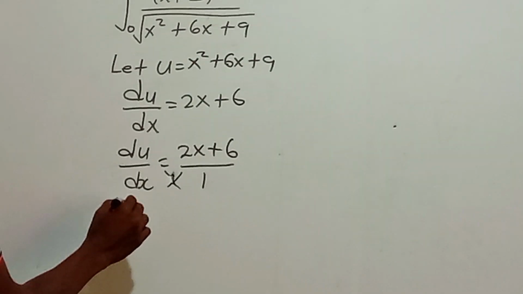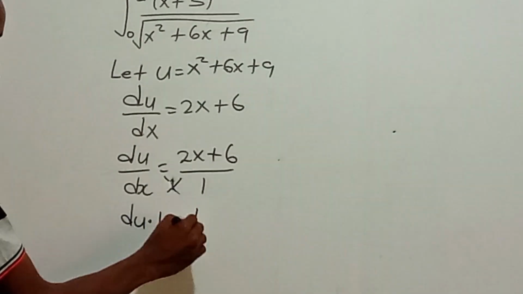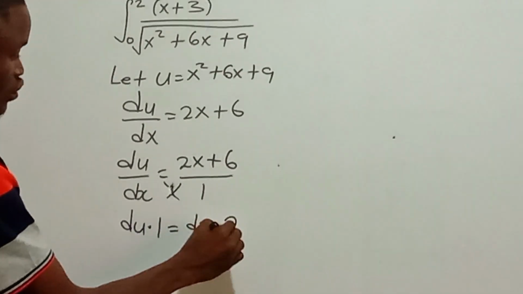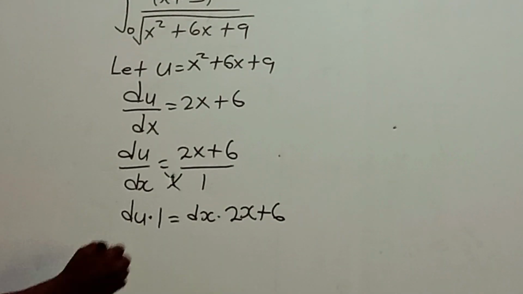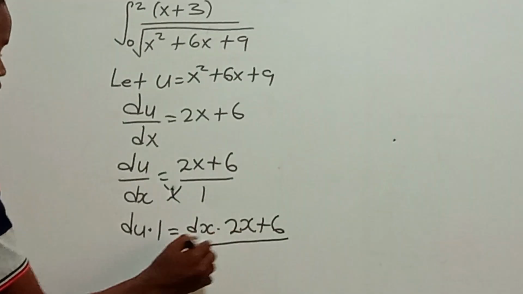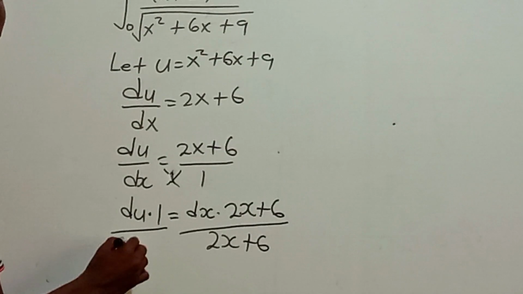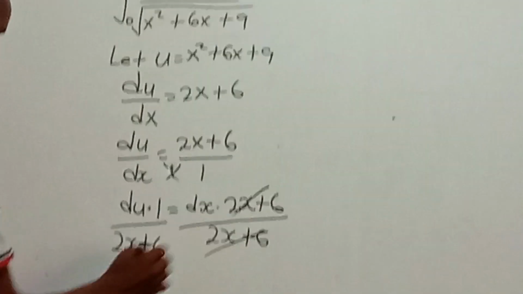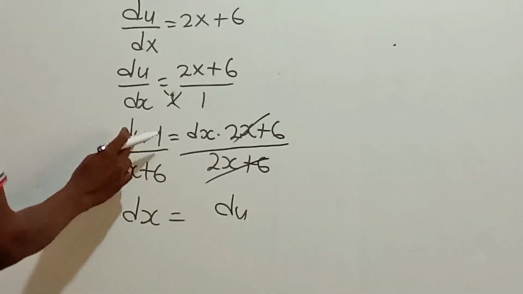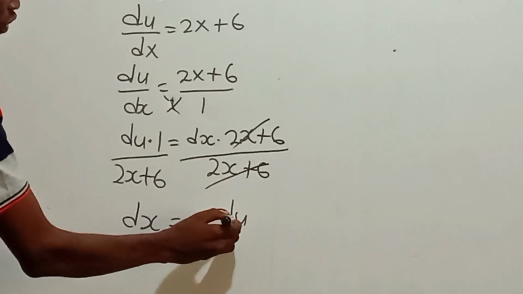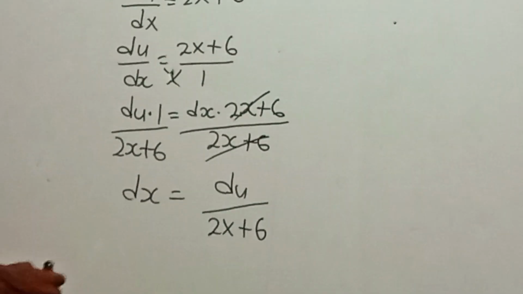So you say du times 1 equals dx times 2x plus 6. So we divide both sides by 2x plus 6. We now have dx equals du over 2x plus 6.